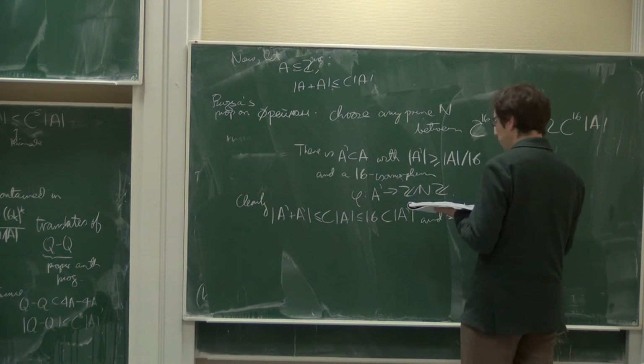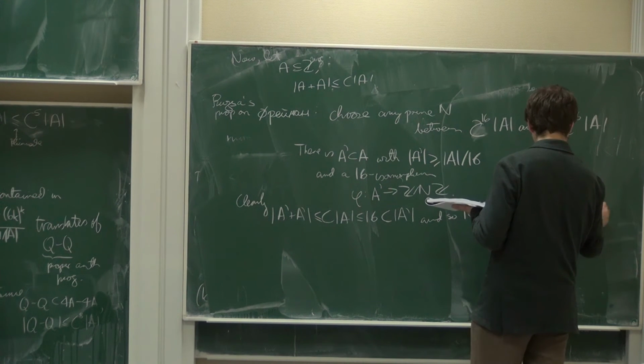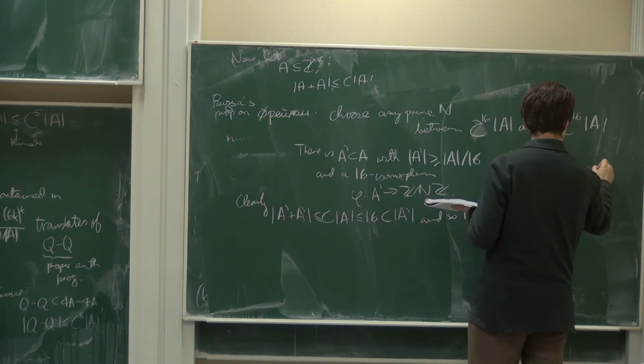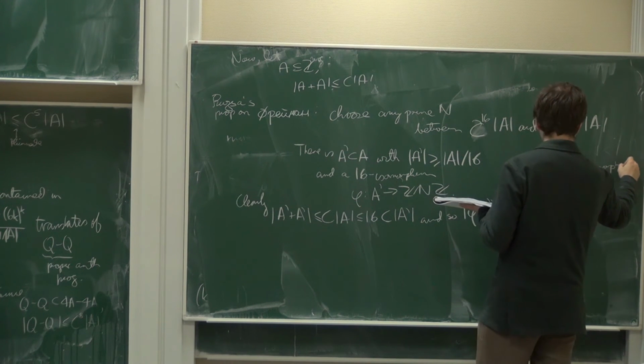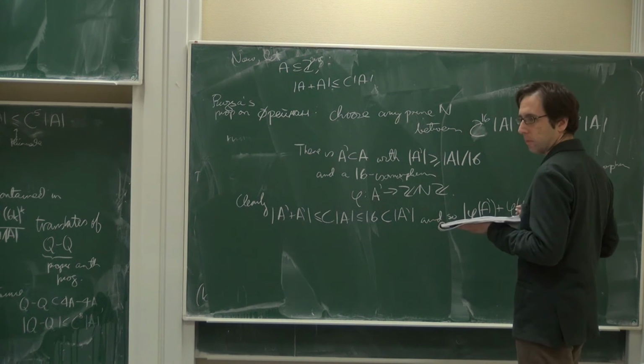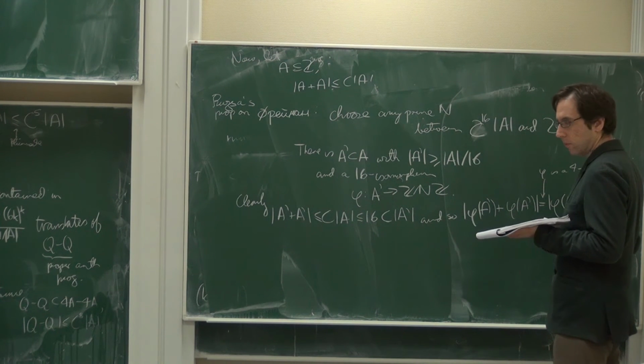And because it's a 16-isomorphism, you also have that this is φ(A' + A'). φ is not creating any coincidences.